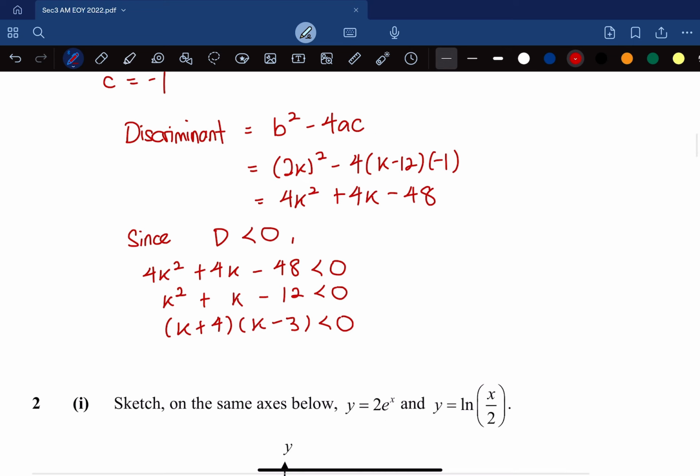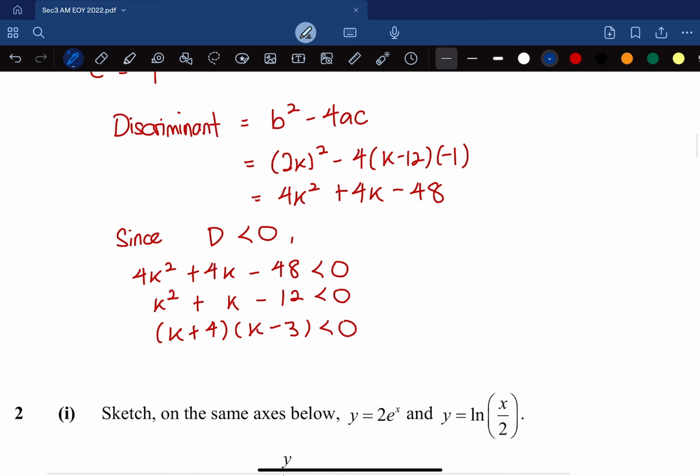So in case you have forgotten, given this quadratic expression, I can draw a simple working. This is simply a smiley face function. I can draw a smiley face over here, and I draw a line over here. From this factorized form, I can see that the intersections are negative 4 and 3.